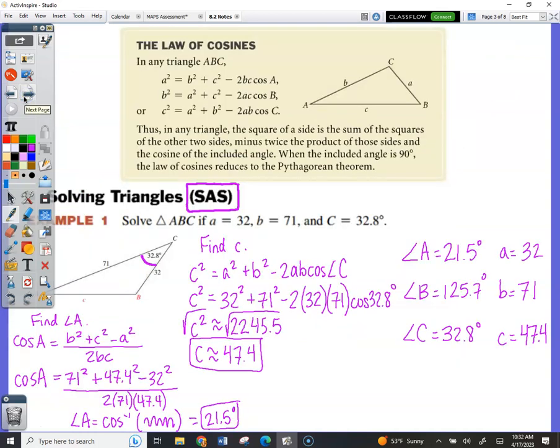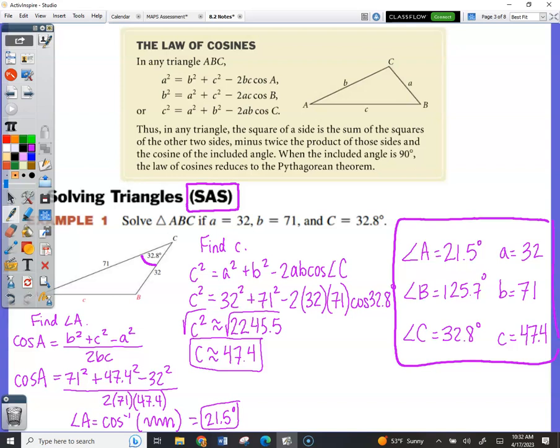We did the first problem together on Friday. You look at the picture, determine what information is provided to know which law you're going to use, whether it's sines or cosines. This picture right here shows me I'm missing the two angles and side C. If you continue to use the chart at the very beginning of the problem, you can see the information as you fill it in, so you know when you're done with the problem.